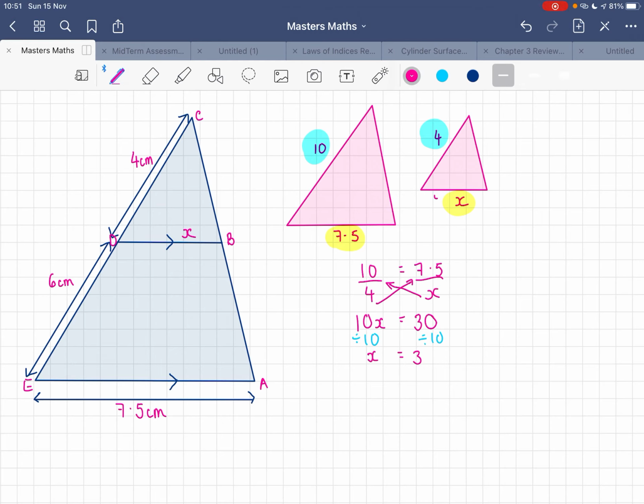And that's it. Done. X is 3. Looks a lot more complicated than it is. You don't have to draw the triangles out like this separately, but sometimes it does help to make it clearer which two triangles you are working with. A really common mistake if you don't do that is that you would work with this 6 rather than the full length, which is actually 10.